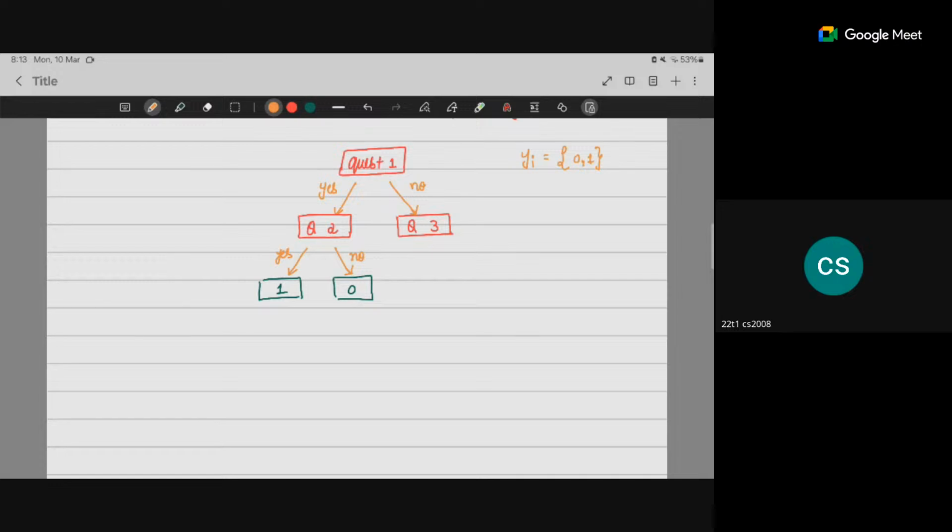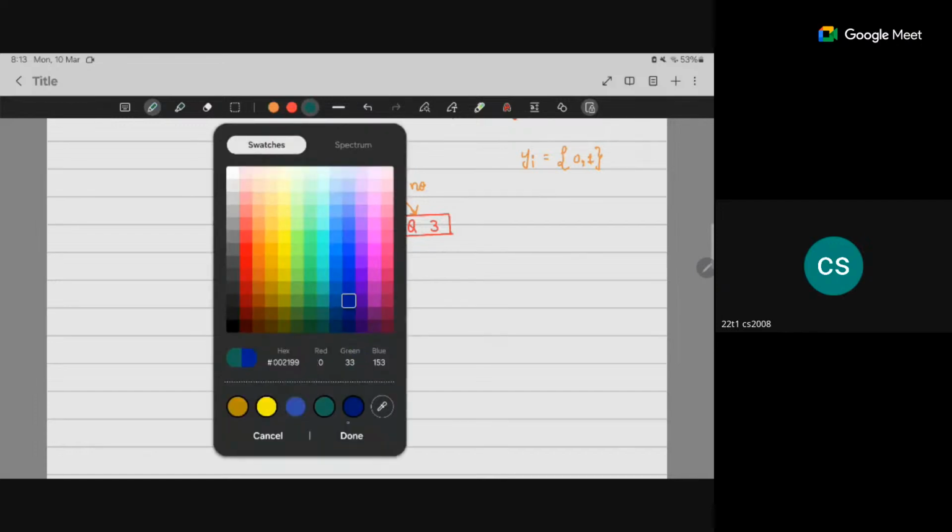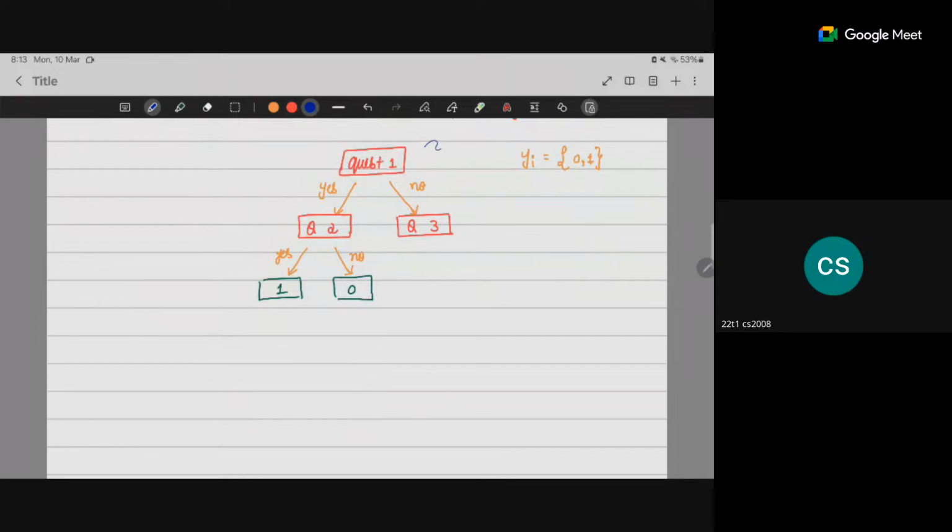While building the tree, maybe we initially had 100 points here before we asked the first question. After asking the question, maybe 70 went here and 30 went along this path.